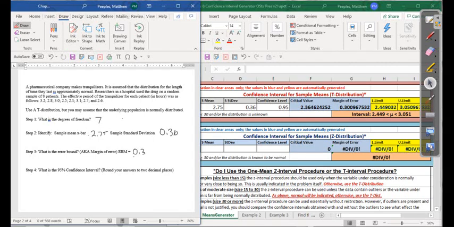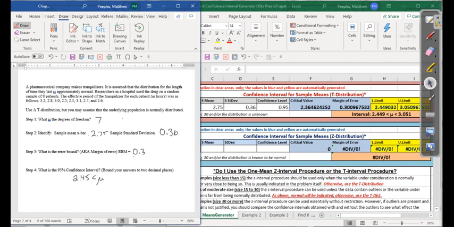And so if we're going to find our mean time, we see that if we added 0.3 and subtracted 0.3, our 95% confidence interval would be 2.45. You can see that over here on the lower side.